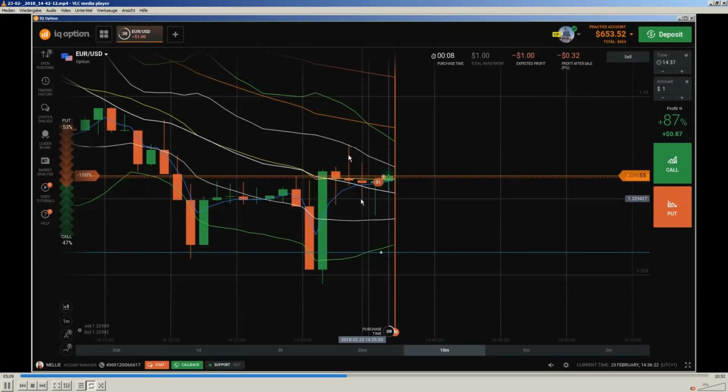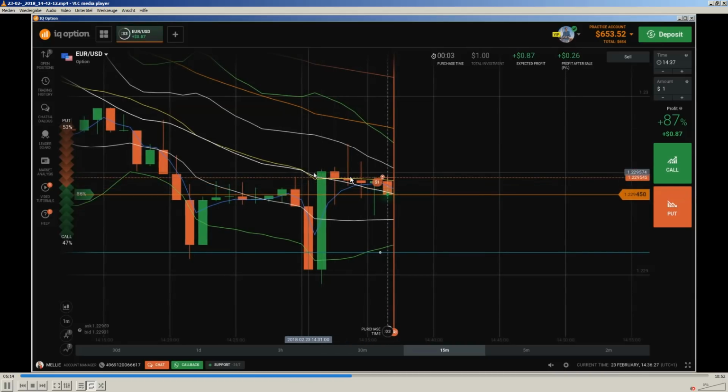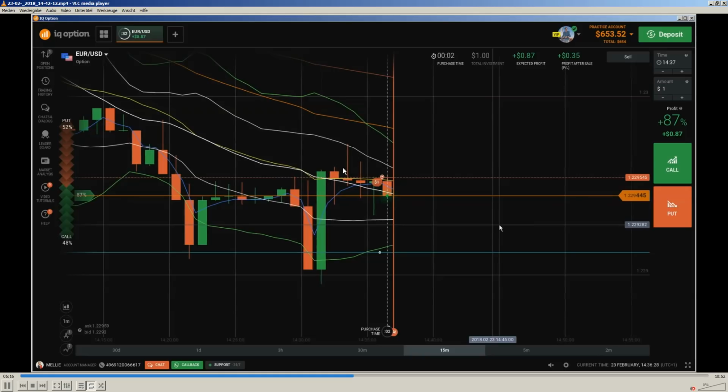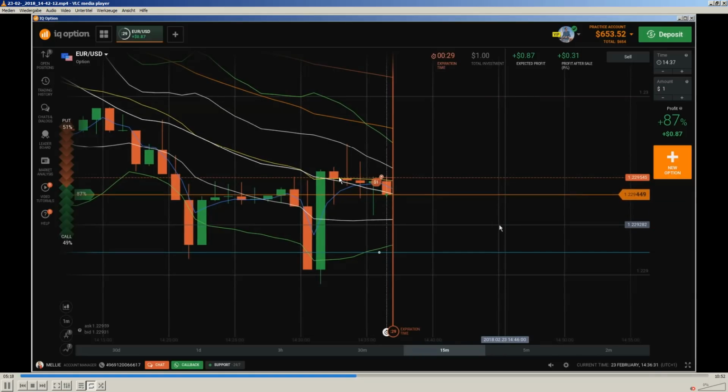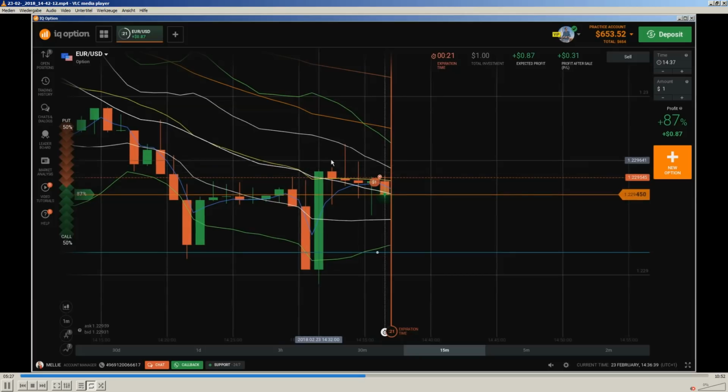It was the same thing like I did here, a call, after this candle, because it shows me a huge buying pressure. And now I'm expecting that we have here huge selling pressure because this long wick here of this dragonfly doji is telling me that we have selling pressure.